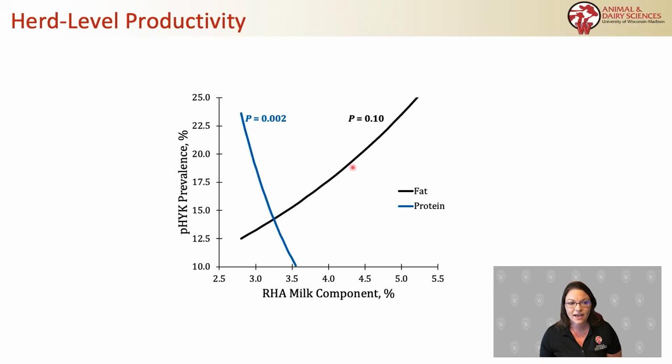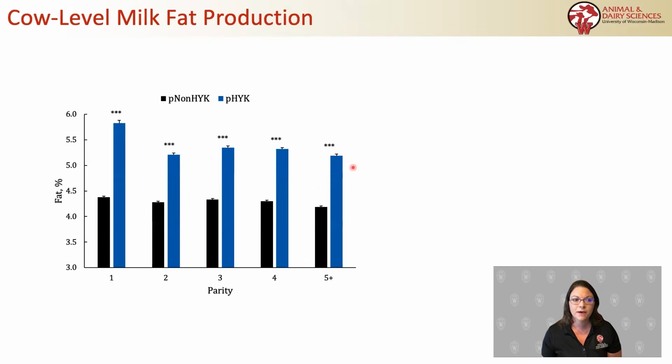Going back to the fat, if we look at percent fat here in cows that were predicted to be HYK, looking at individual cow data, this will all be in blue, compared to those not predicted to be HYK in black, we see that classic increase in milk fat when a cow does have subclinical ketosis or is predicted to have subclinical ketosis.